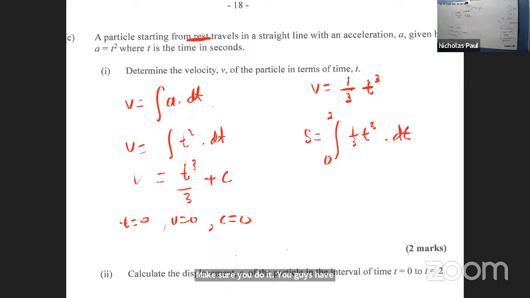Then do this last one. Have we done it? Integrate, then plug in the values. Come on, integrate the last part.